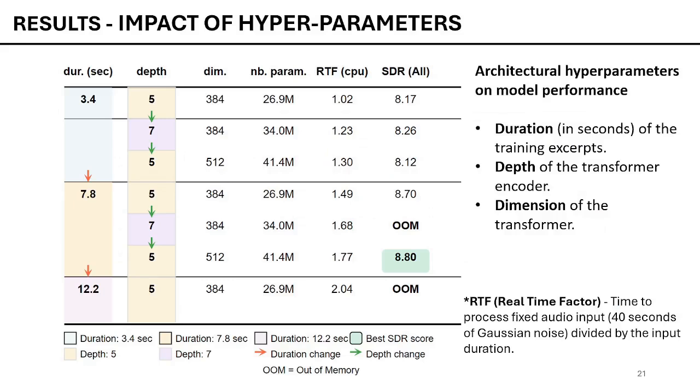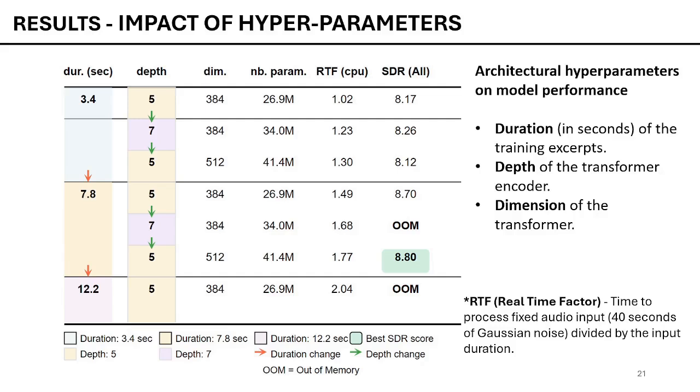In this study, researchers analyzed how three architectural hyperparameters influence model performance, as presented here. These hyperparameters are duration of the audio, depth of transformer encoder, and dimension, which refers to the internal size of feature vectors in the transformer encoder. It is important to note that increase in the duration of the audio segments does not increase the number of parameters in the model. However, it significantly increases the memory requirement due to attention mechanism, leading to out-of-memory issues.